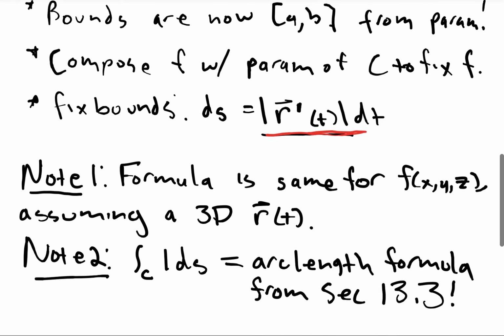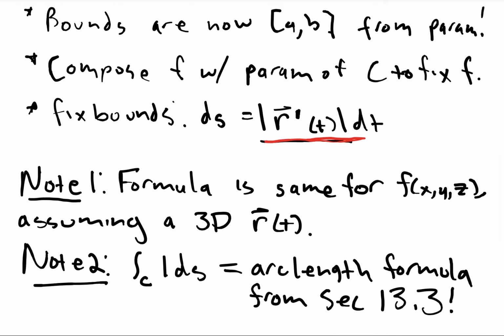The final comment I'm going to make: I've mentioned for a lot of the previous integrals that if you're worried about measuring something, integrate one with respect to the appropriate differential. This is the same case here. When I kept making reference to doing things similar to our arc length section, this is basically the same setup for that arc length formula.